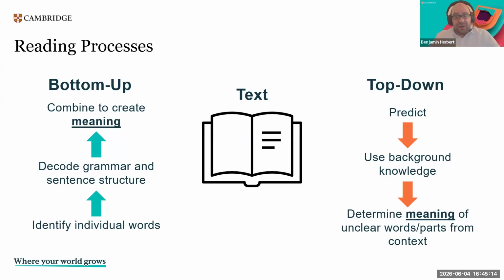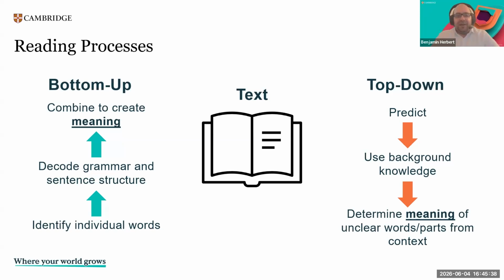And very often, when we're reading, both processes can happen simultaneously. But in this type of task, we can get our learners, ideally, to use these as strategies, to use these deliberately to help them answer the question.